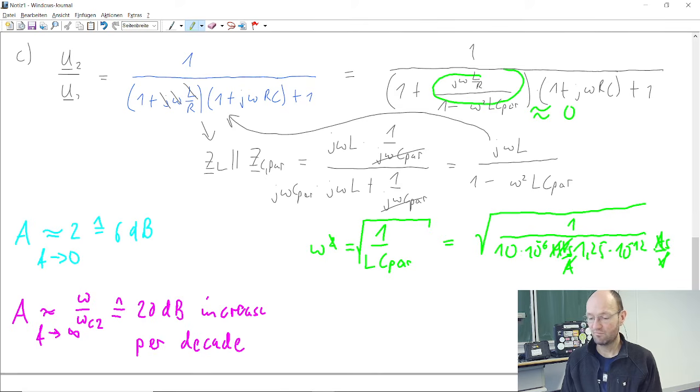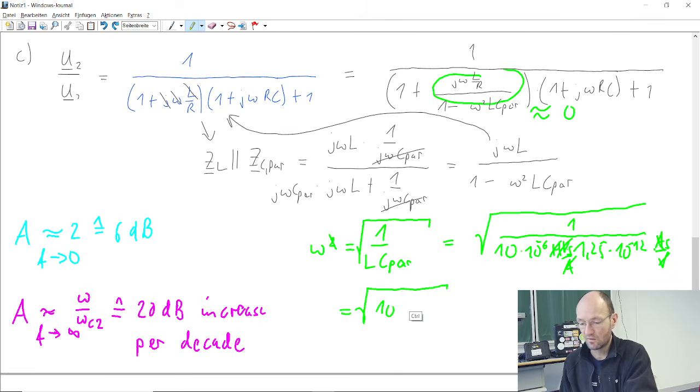It's probably the simplest thing to just calculate this using a calculator, but we have 10 to the power of -6 and 10 to the power of -12, so this would be 10 to the power of 18 in the numerator. And the square root of this would be 10 to the power of 9, which somehow makes sense.